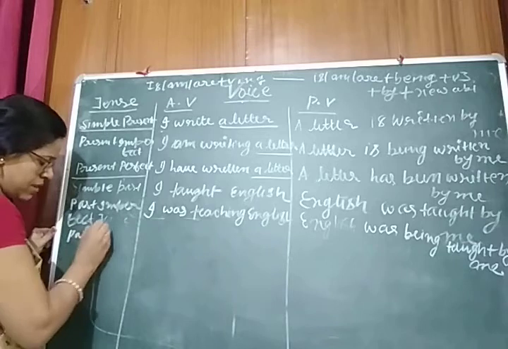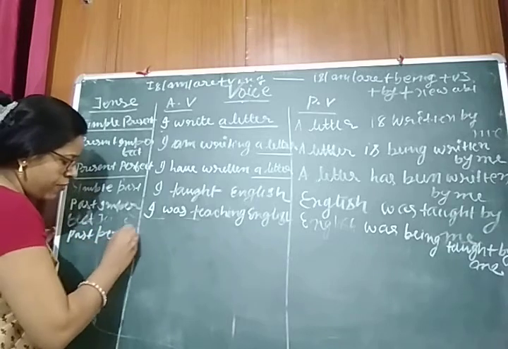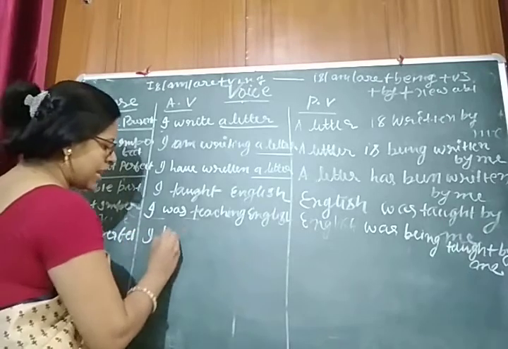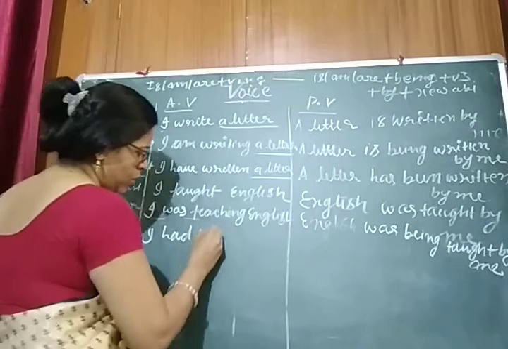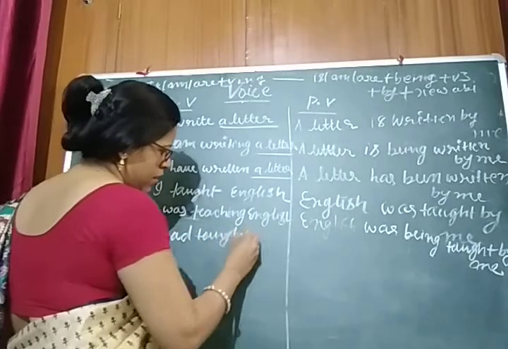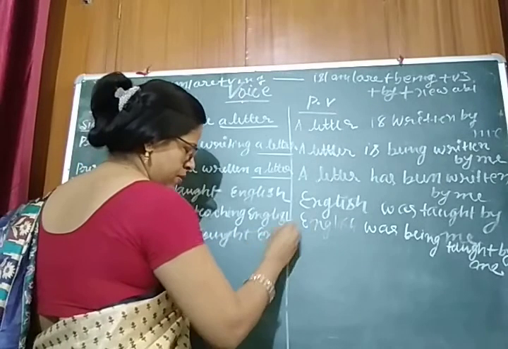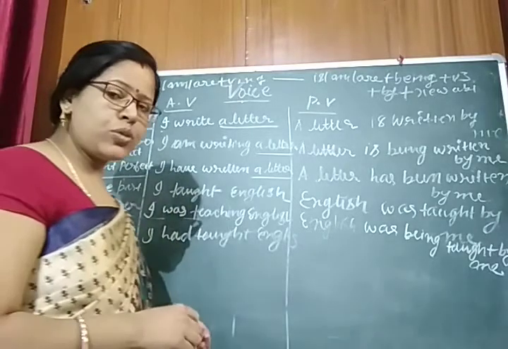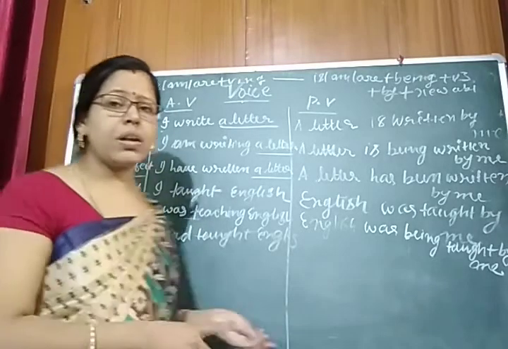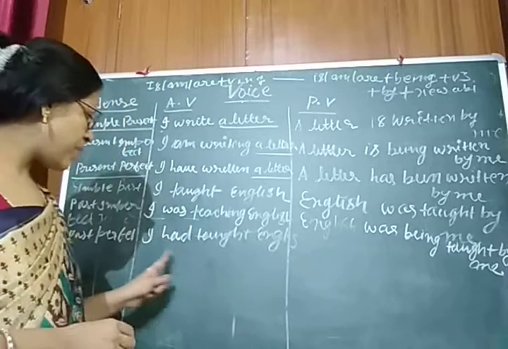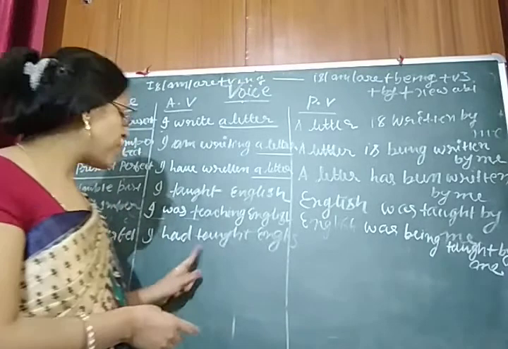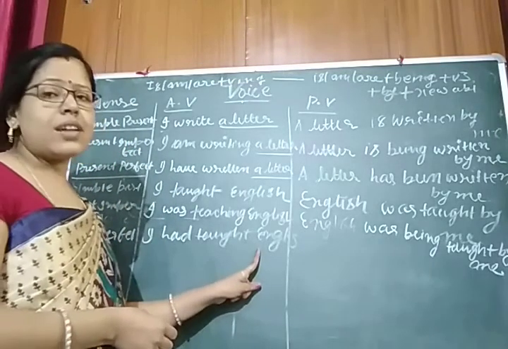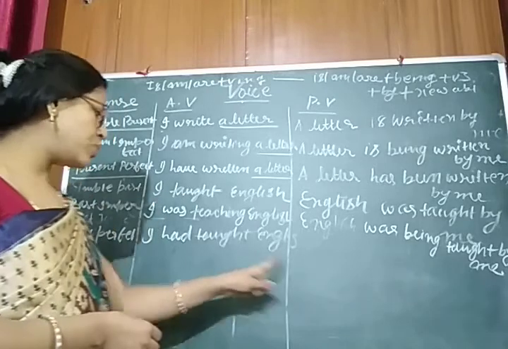Take another example. Past perfect. Past perfect example. That means I had taught English. Alright. So according to the table you have to use the helping verb according to the sentence, and according to the subject also. So here English is again third person singular number.